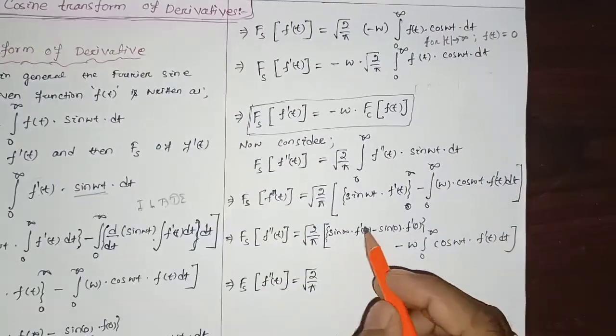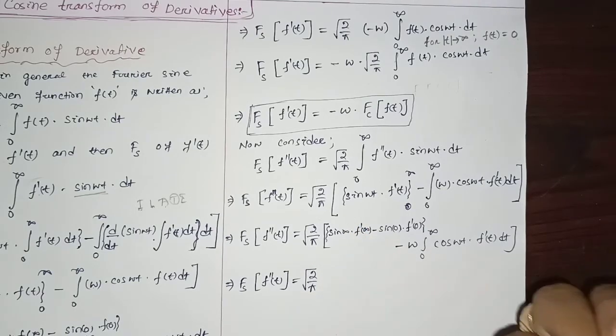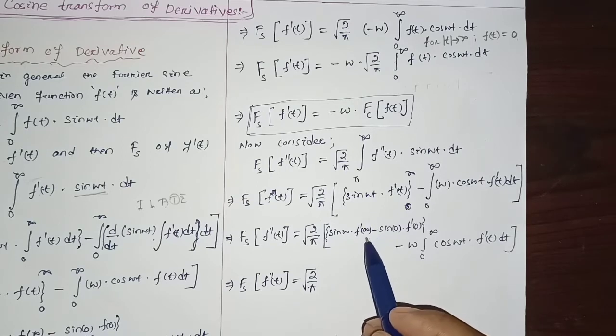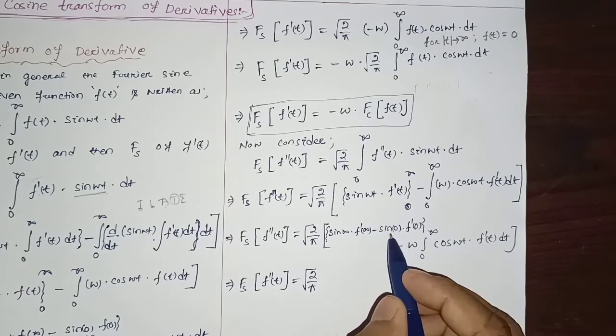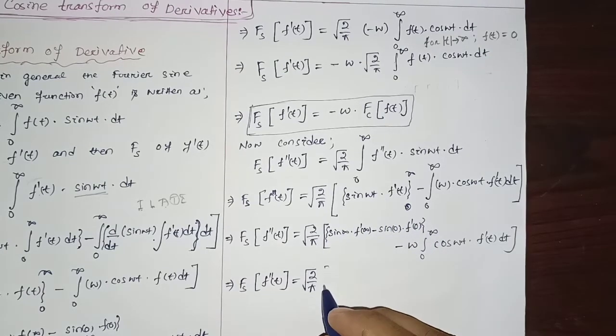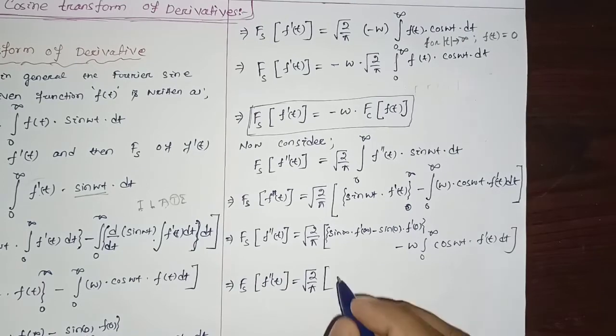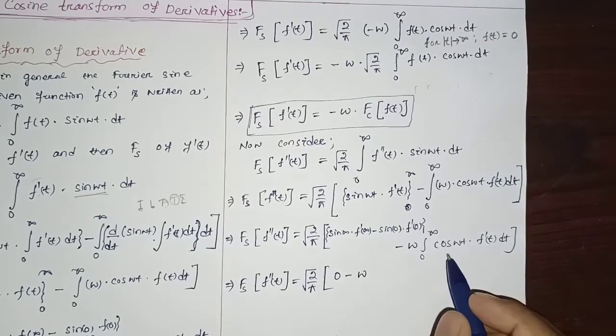Now similarly here f'(infinity) also will be 0, because as it is a sinusoidal signal, obviously it will be continuous and the first derivative will be continuous, hence f'(infinity) will be 0. And here sin 0 obviously is 0, so this entire term will be 0. So you just write 0 minus omega.